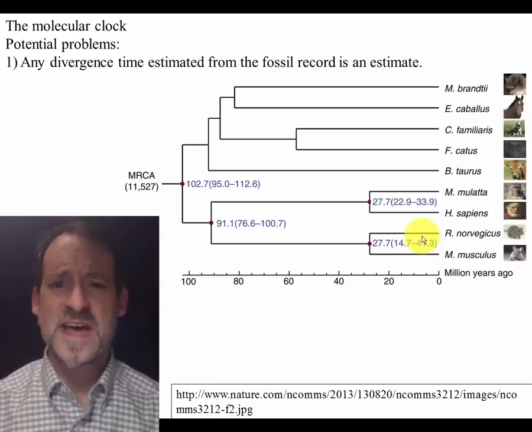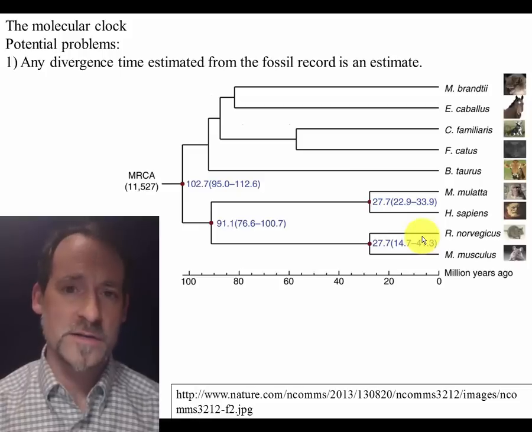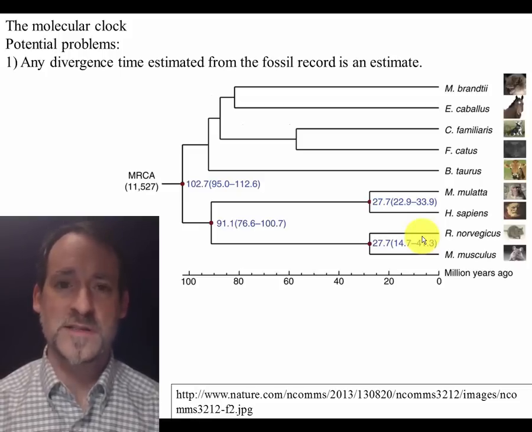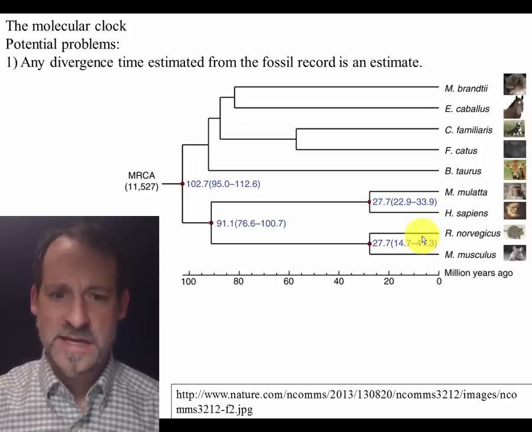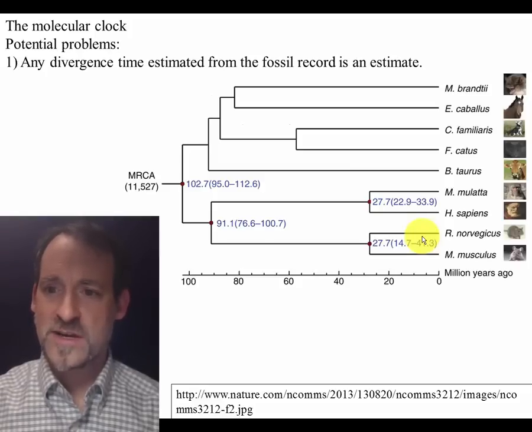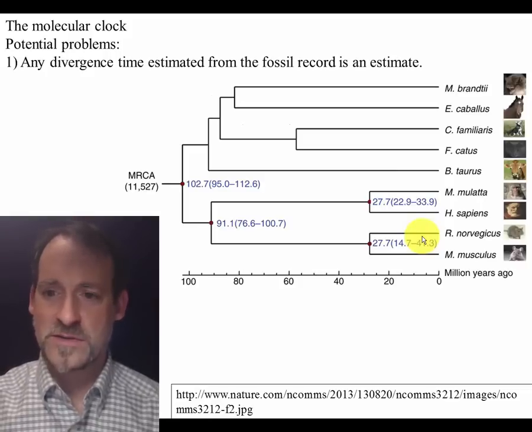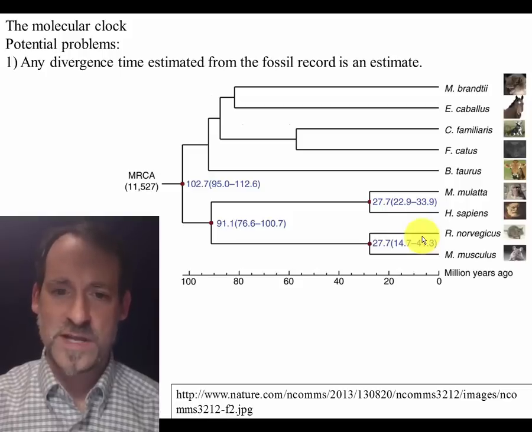And one is that when you're looking at the fossil record, what you're getting is not a precise time that two lineages split apart. What you're usually going back and looking at is, okay, I know that there is something that looks like a horse, and there is something that looks like a dog, or a dog relative and a horse relative back at this point in time.